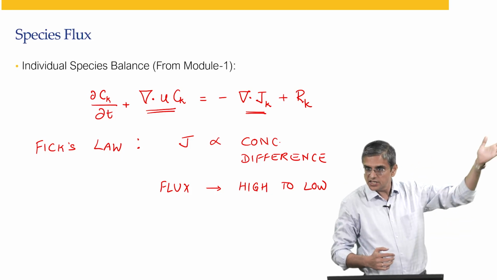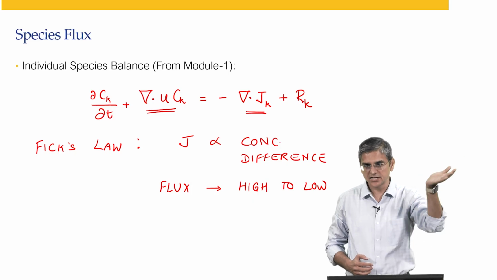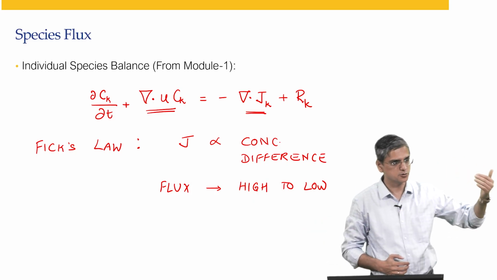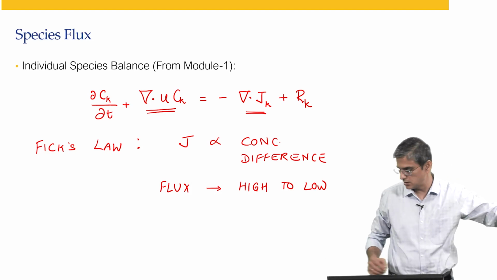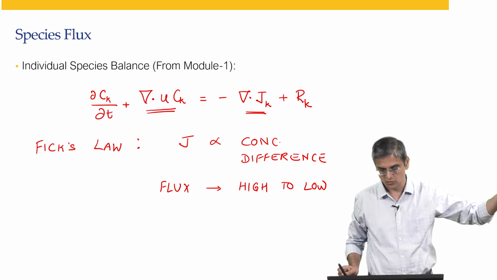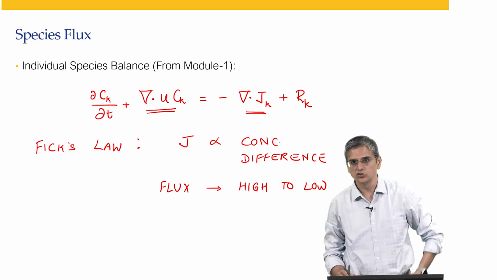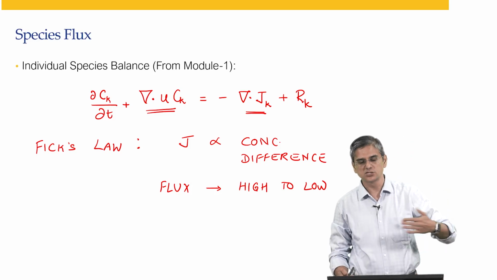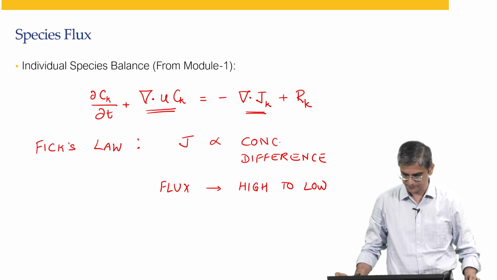The direction is in the direction of decrease of concentration. Because of that, you get the negative sign by sign convention. Again, we had talked about that 4 weeks back. And the fact that it is proportional to the concentration difference is going to give us a del C by del Z type of term.